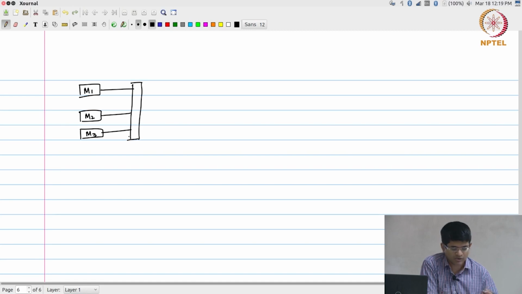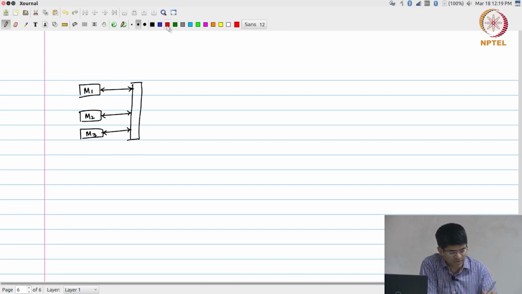Okay. So, all of them have two-way communication with this black box, that is all, right. And what it effectively means is that black box can now take care of setting up communications. If I want M1 to talk to M2, or if I want M1 to talk to M3 or M2 to talk to M3, all of those can be done through the black box.